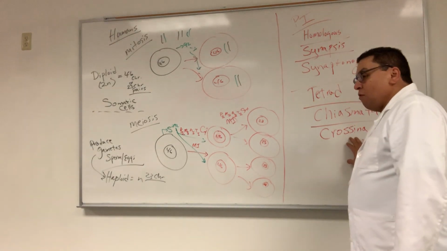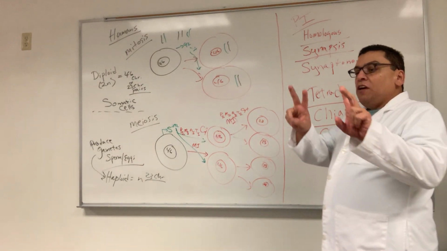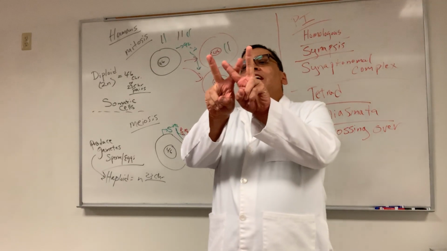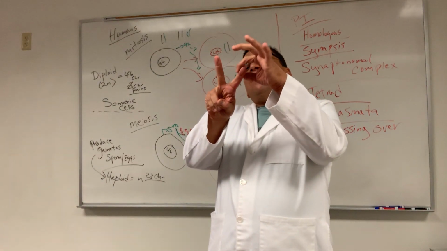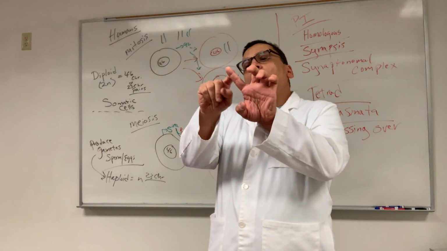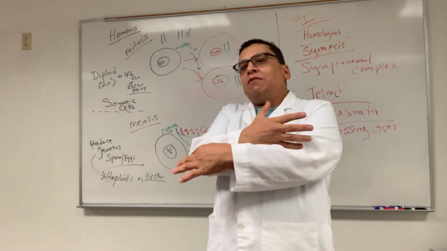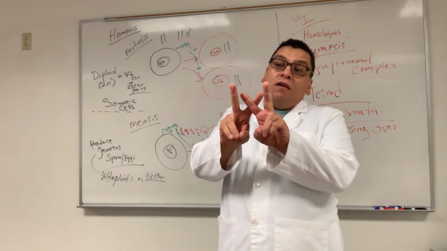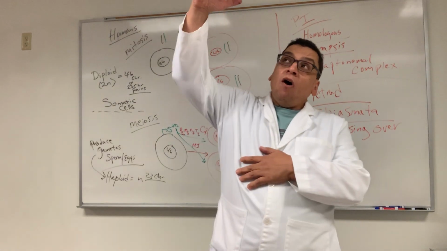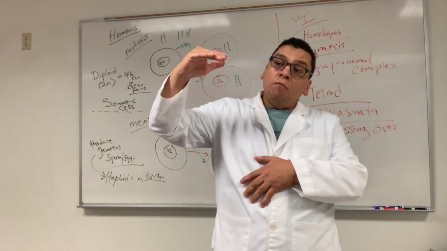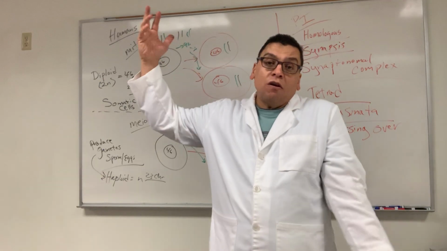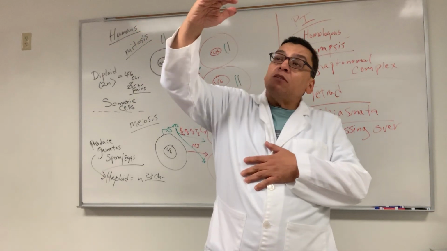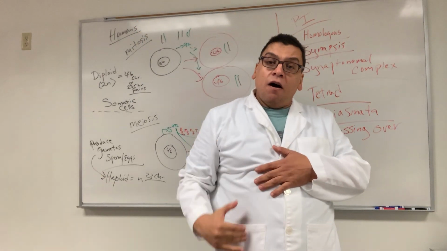And that's the crossing over part. So after the chiasmata is formed, this part will go to this part, and they'll do a gene shuffle. Now I'm only showing you one crossing over event, but along the length of the chromosome, for example chromosome 1, which is your longest chromosome, you can have crossover events all the way through it.